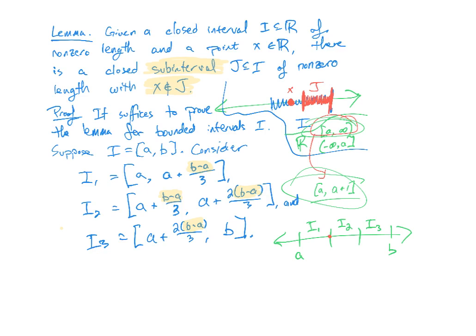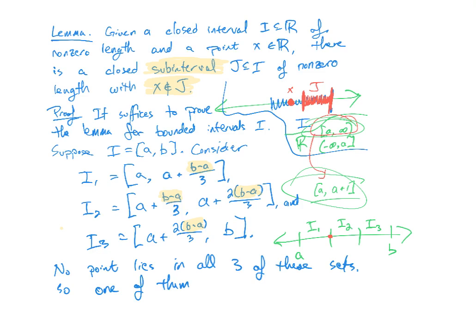Could we also say that the intersection of the three intervals is the empty set? Yes, we'll say it that way. No point lies in all three of these sets. So one of them is certain to work.